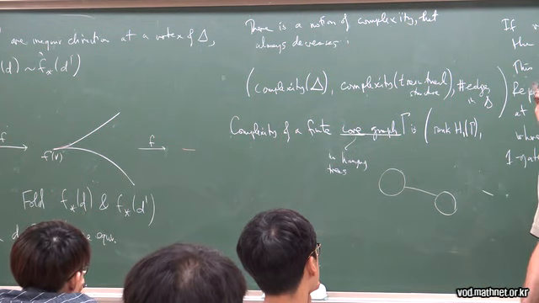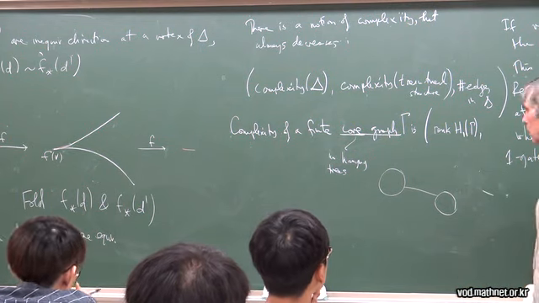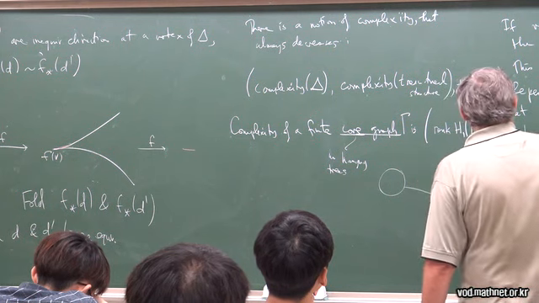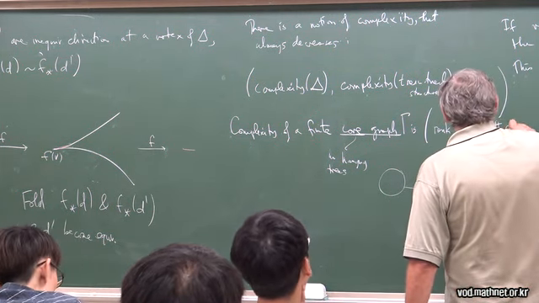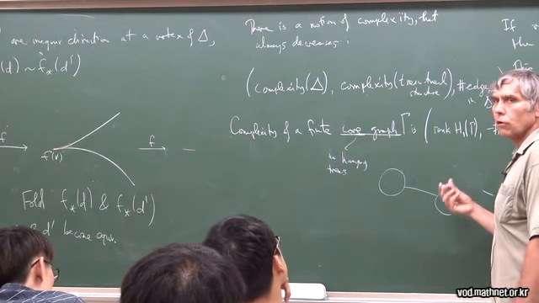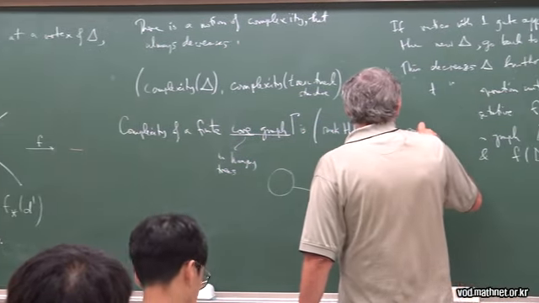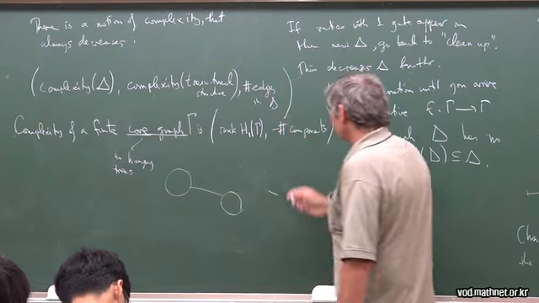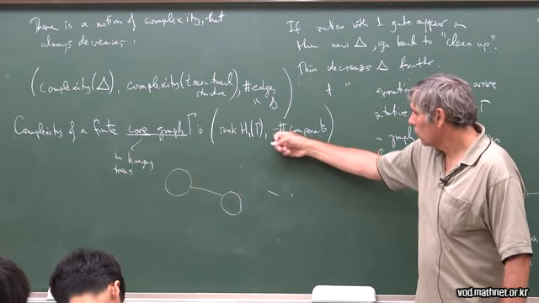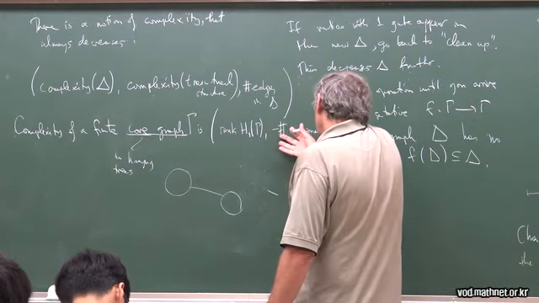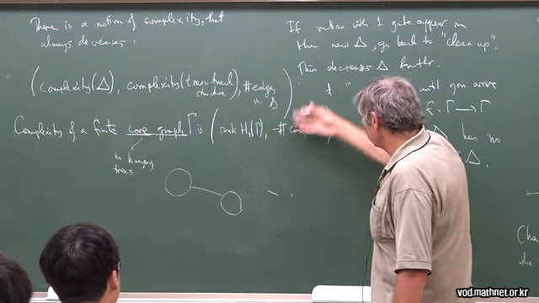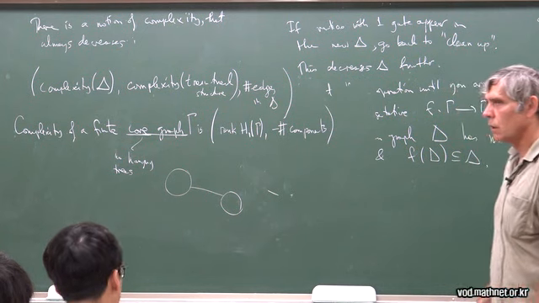Those are simpler, because that means I erased some separating edges. So the second component in the complexity here is minus the number of components, or if you want, minus the rank of the zeroth homology. In other words, the more components you have, the smaller this number is. Maybe it's funny to have negative numbers, but the point is there are only finitely many possible values here. Doesn't matter.